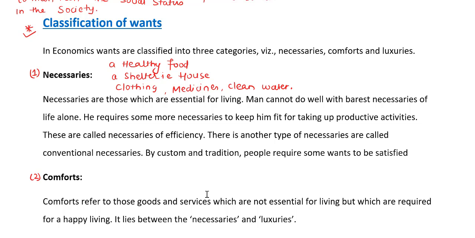These things are necessaries for the consumer. These things are required for day-to-day living. It's not luxury. These things will not give a special comfort to the consumer.